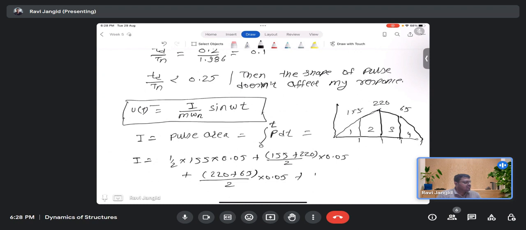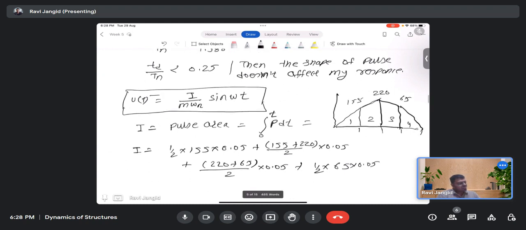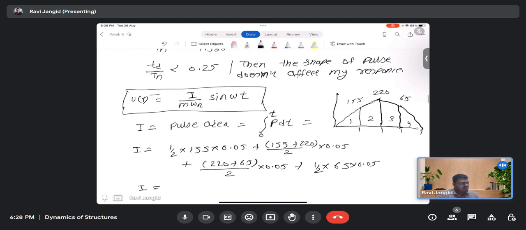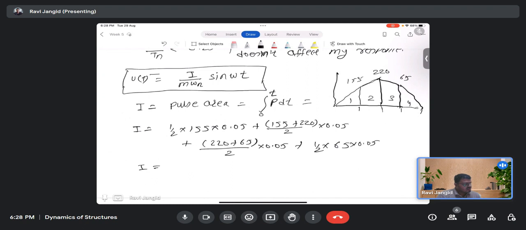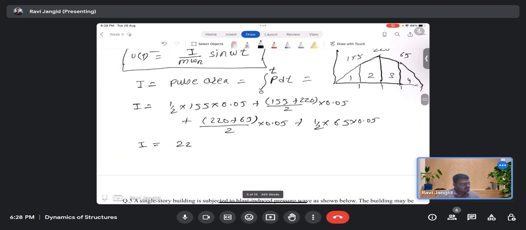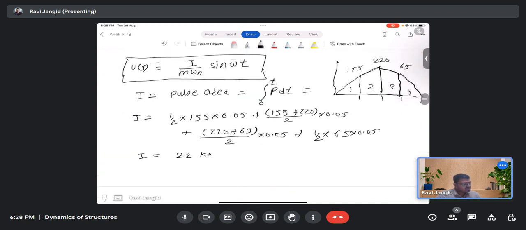And the fourth one is 1 by 2 into 65 into 0.05. So if you calculate, I is equal to 22 kilonewton second.